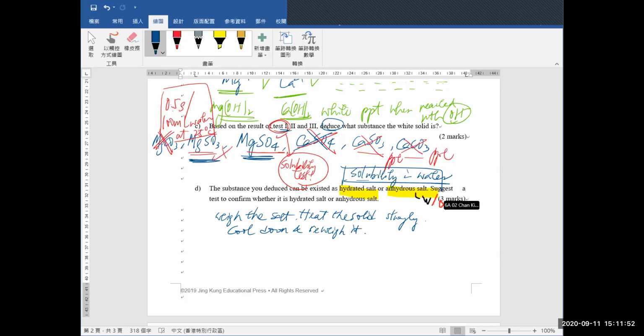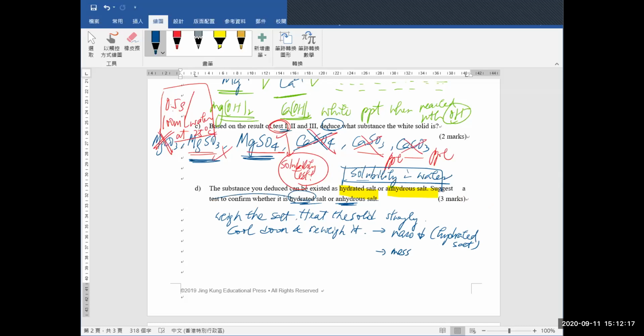If you want to tell whether it is a hydrated salt or anhydrous salt, what will be the observation? If it is a hydrated salt, after heating the mass will decrease. Why? Because the water in the hydrated salt will go away, or the water of crystallization will be driven out.